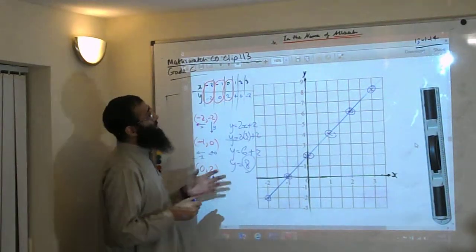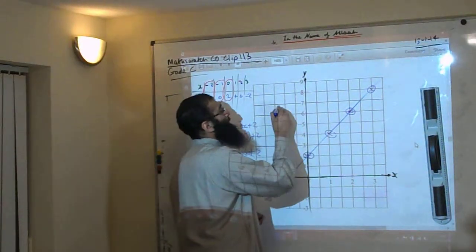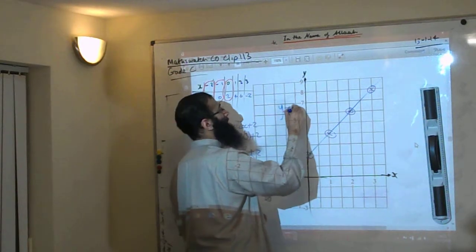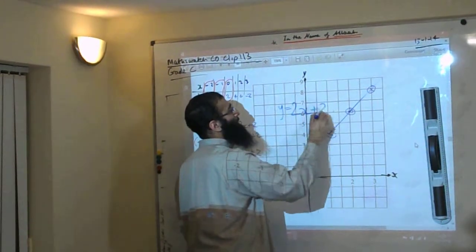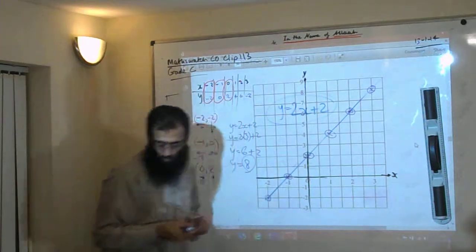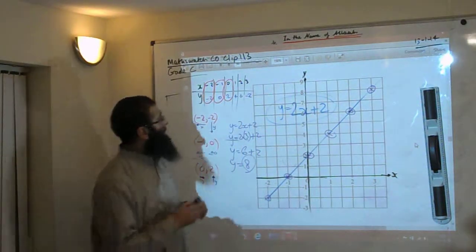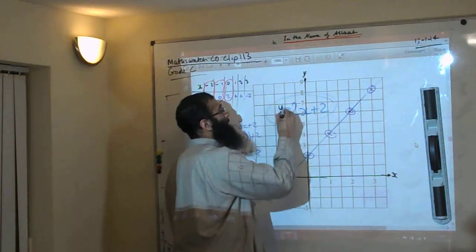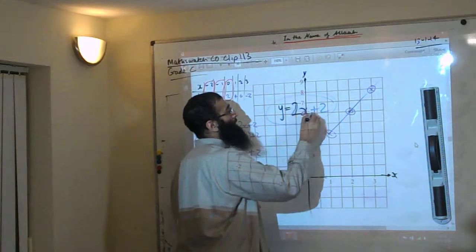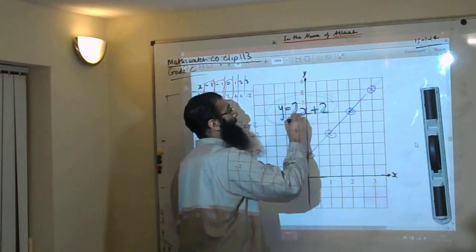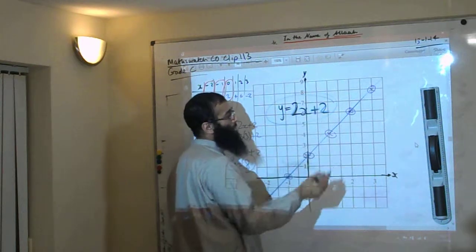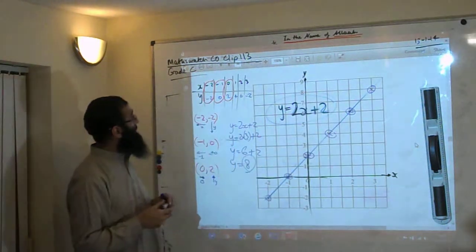So there we have it, folks. y is equal to 2x plus 2. So if you make an arithmetical error in the calculation, go back, check it and work it out, correct it, get the proper graph, and it's done.